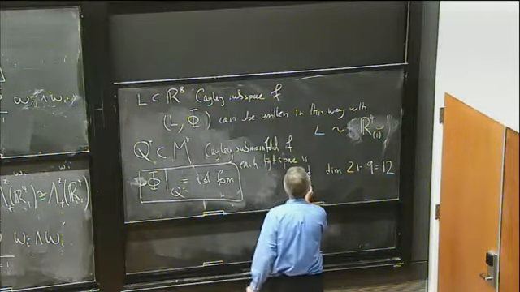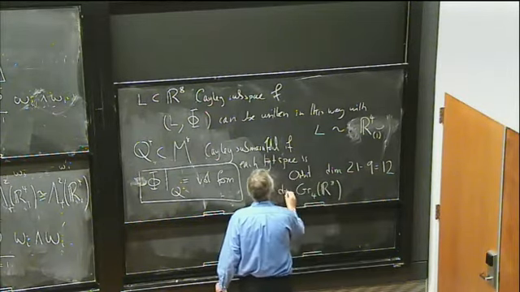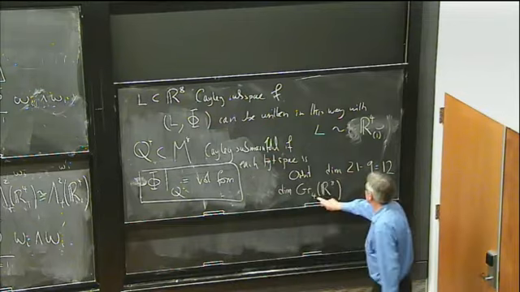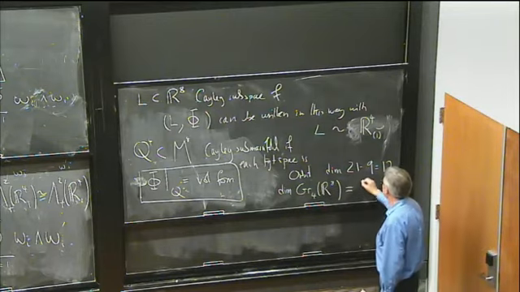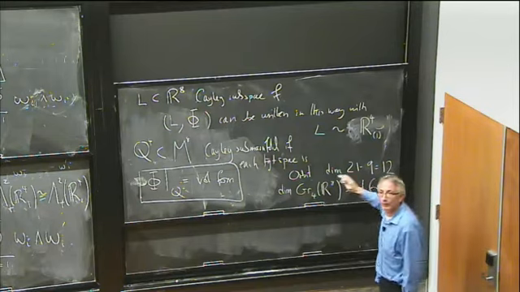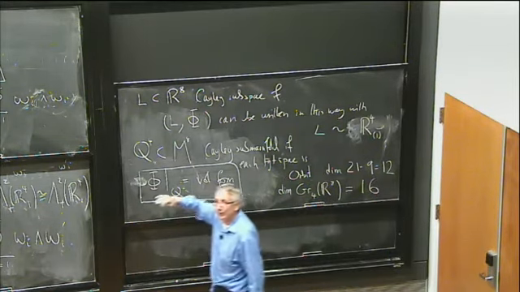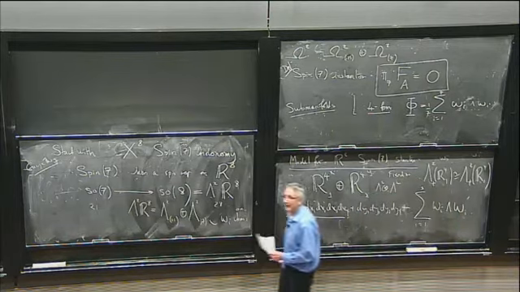That's the Grassmannian of 4 planes in R8. It has dimension 4 times (8 minus 4), which is 16. So this is a codimension 4 condition. At each point you're imposing 4 conditions on your tangent space for it to be Cayley.